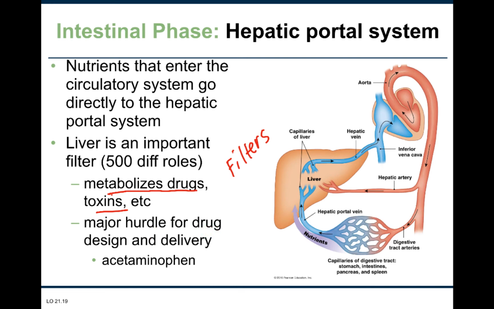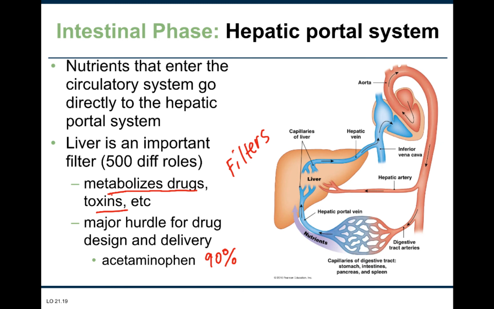Any drugs that are delivered orally are going to hit the liver, and drug companies have to think about how the liver is going to metabolize that. How much of the drug is going to get through the liver, and how much will be delivered? For example, with acetaminophen, aka Tylenol, at least 90% is metabolized by the liver.